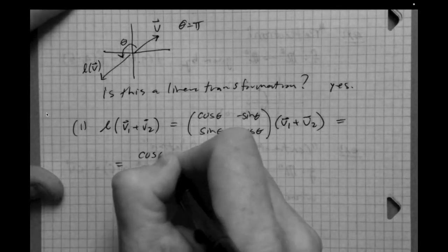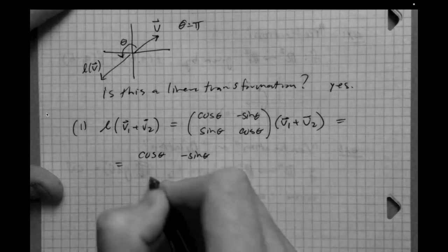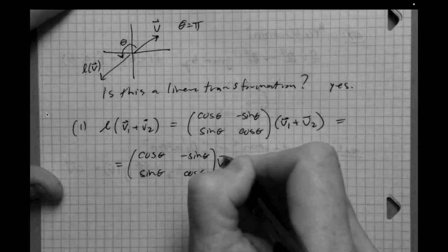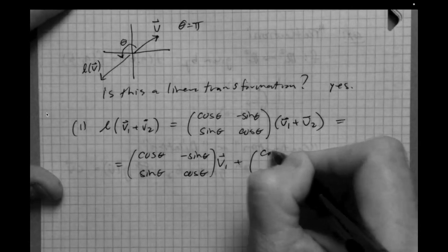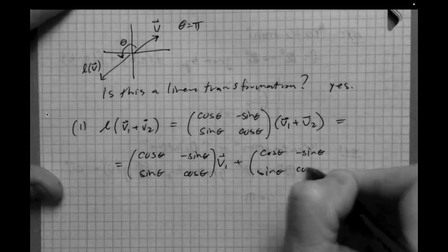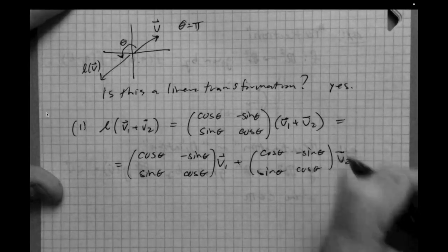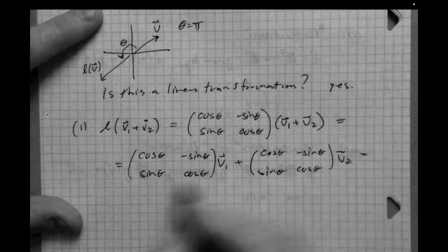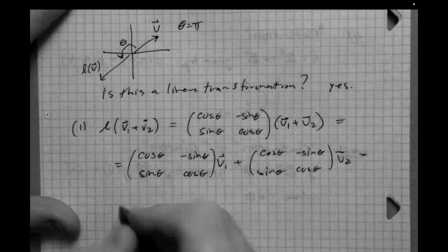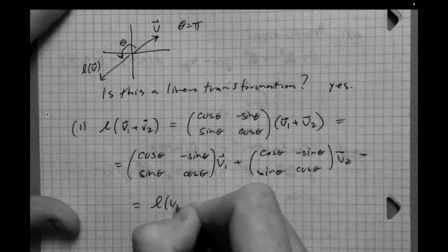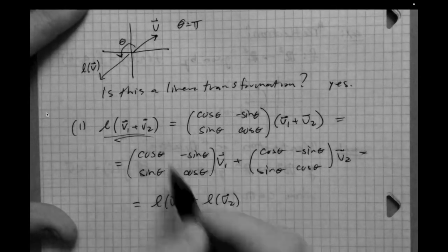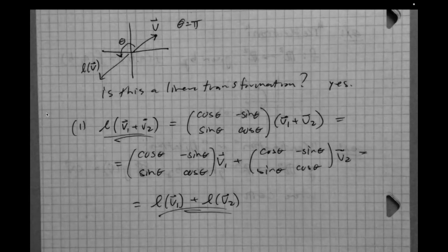So this is the matrix times v1 plus the matrix times v2. Clearly this is applying L to v1, this is applying L to v2. So I get L of v1 plus L of v2, right? So that's the first property.